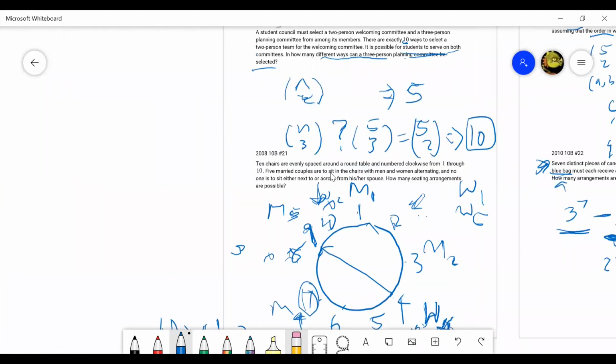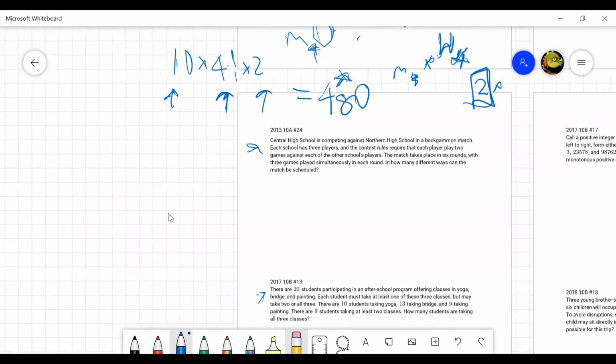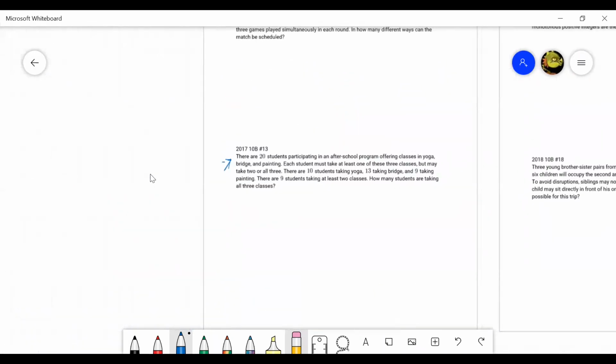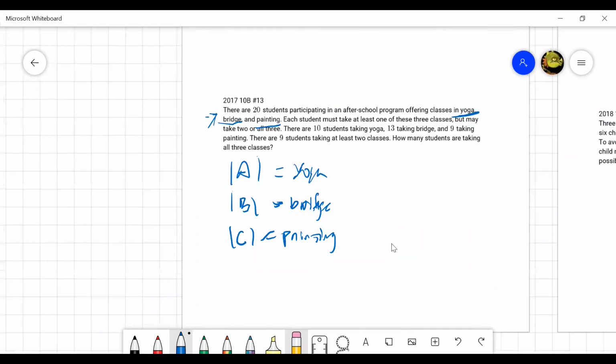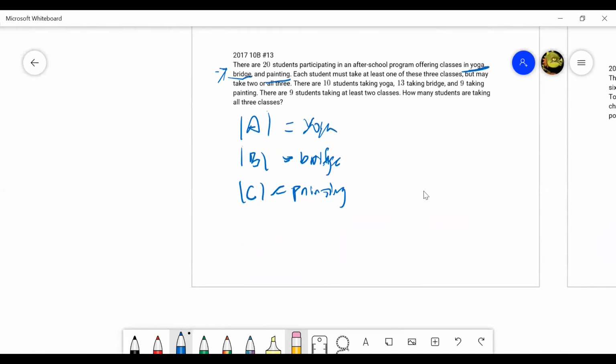We can see that the 3 sets are just the number of people in yoga, bridge, and painting, right? So if I let them be A, B, and C, A is yoga, B is bridge, and C is painting, we can just plug into the principle of inclusion and exclusion.